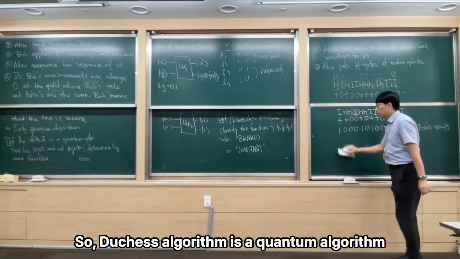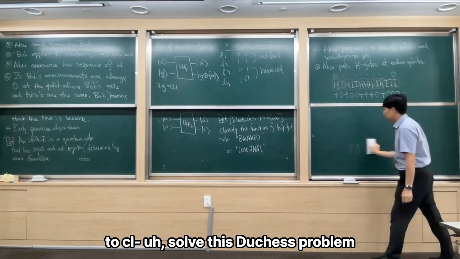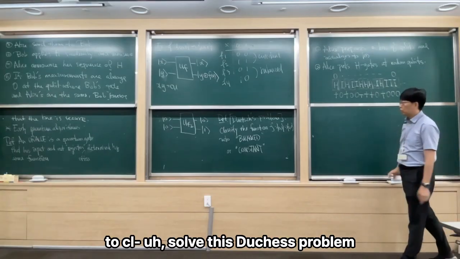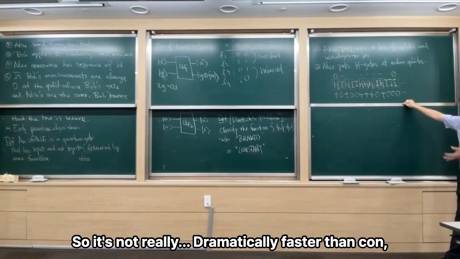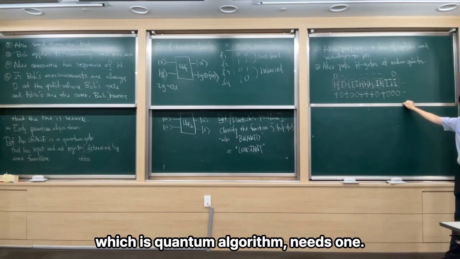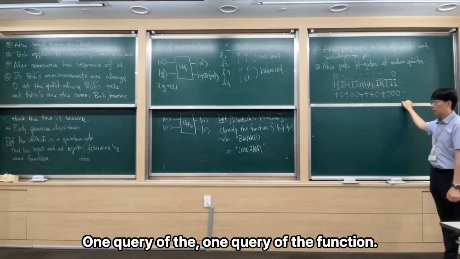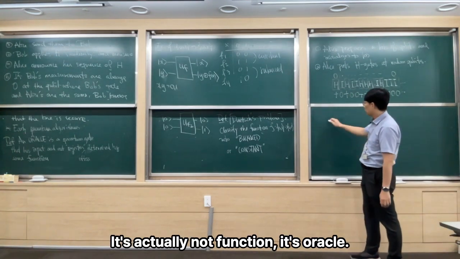So Deutsch's algorithm is the quantum algorithm to solve this problem in a faster way than the classical computer. It's not dramatically faster, because a classical computer only needs 2 queries, but Deutsch's algorithm needs one query of the oracle.